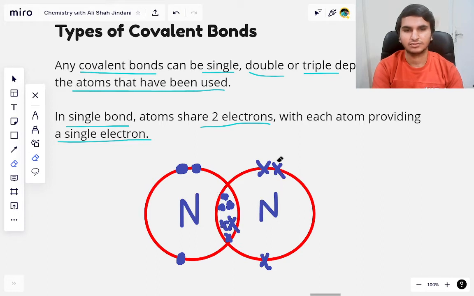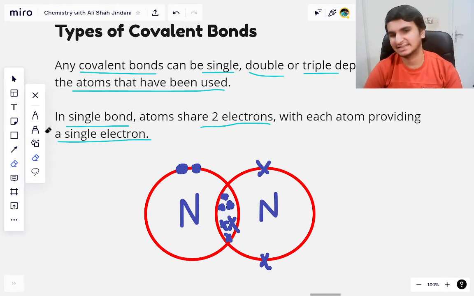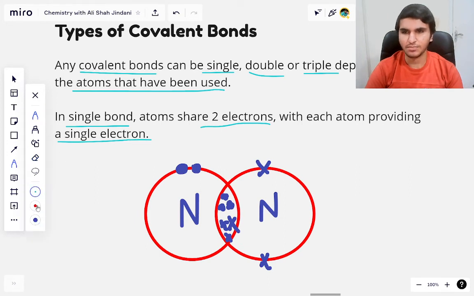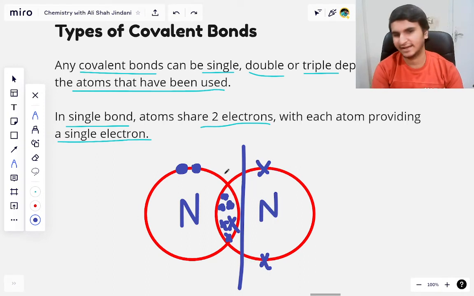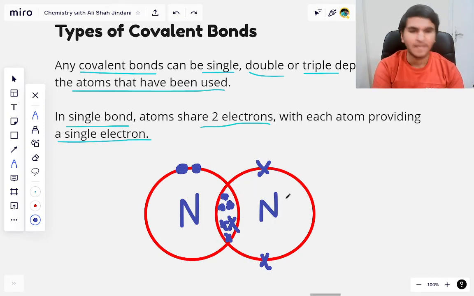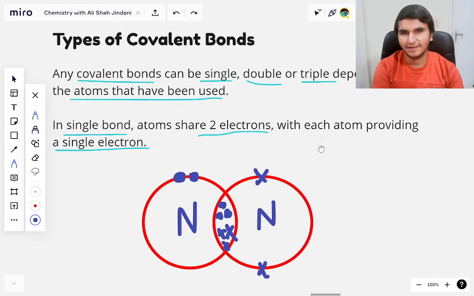No, we need one more also, right? So this is kind of a triple bond. Now you can see that for both of the nitrogens, if you ignore one of them, you can see 3 and 3 is 6 and 2 is 8. Similarly, if you look at that nitrogen, you have 8. So this is how the covalent bonding works.